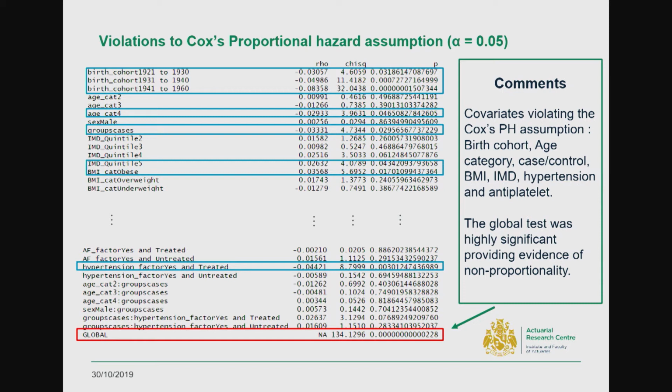All those that I have put in blue boxes are the ones that might have some time-varying effects. And as you would see, I've put in the red box the global test statistic. This is very highly significant, like 2.8 to the power of minus 12, so it's definitely showing evidence of non-proportionality.